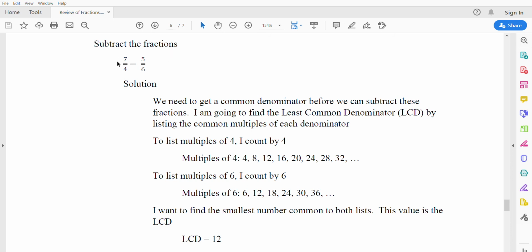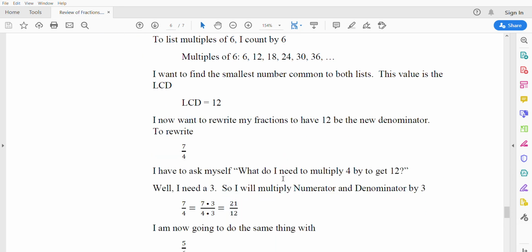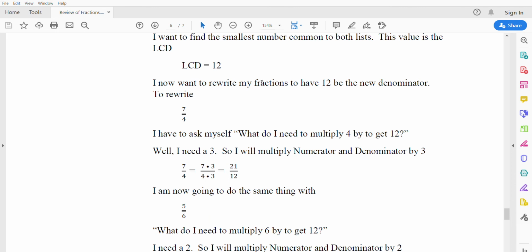I now want to rewrite these two fractions so that there is a 12 on the bottom. To rewrite 7 over 4, I have to ask myself, what do I have to multiply 4 by, that's the number on the bottom, in order to get 12, that LCD?